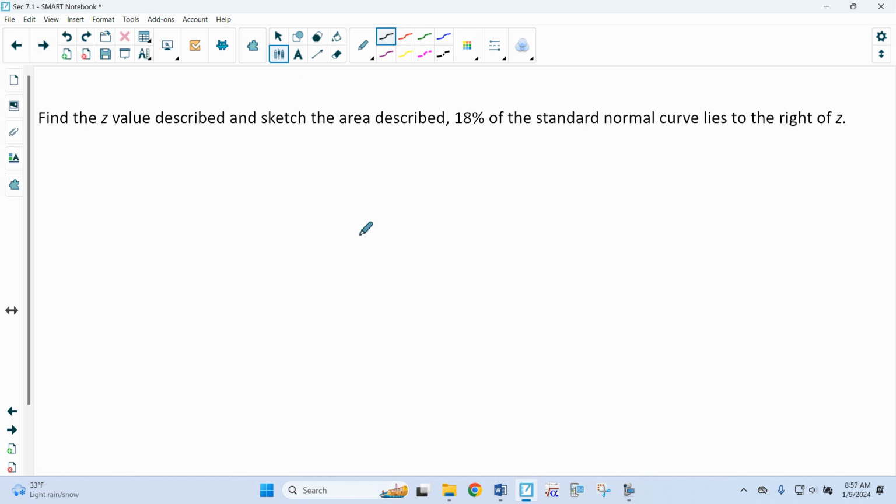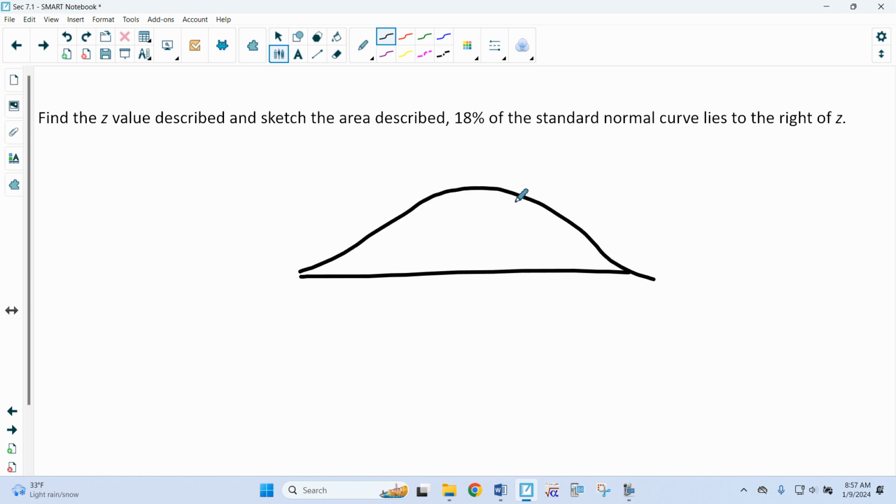Now, if we have one where it says to the right, like we talked about, we have 18% to the right. We subtract that from 1, and that tells us to the left is 0.82.